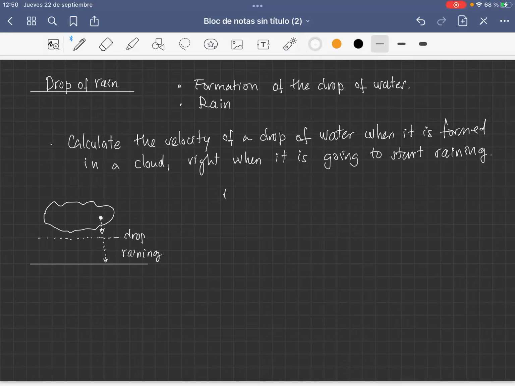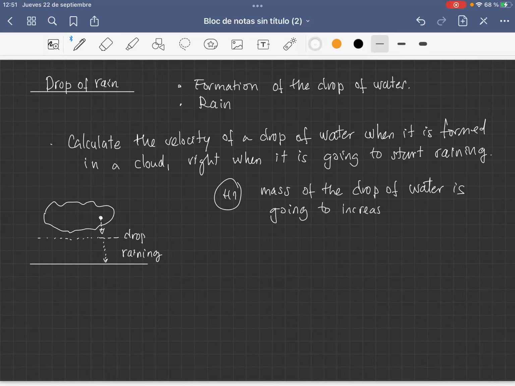So the first hypothesis that we're going to have is that the mass of the drop of water is going to increase as it falls down, because we're supposing that we are in a kind of condensating atmosphere.